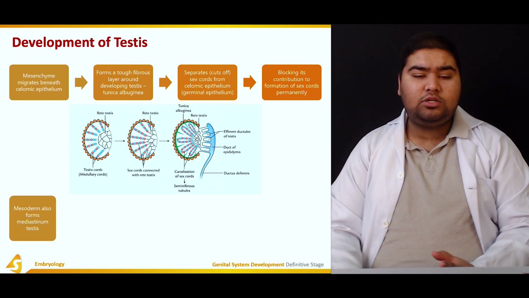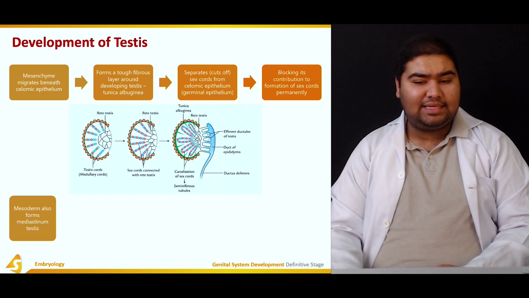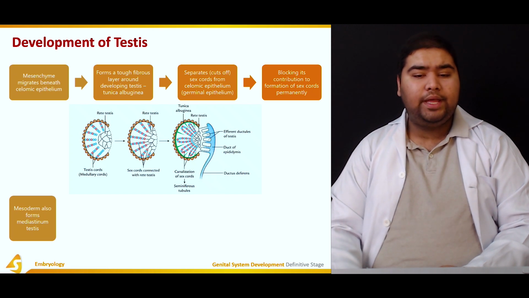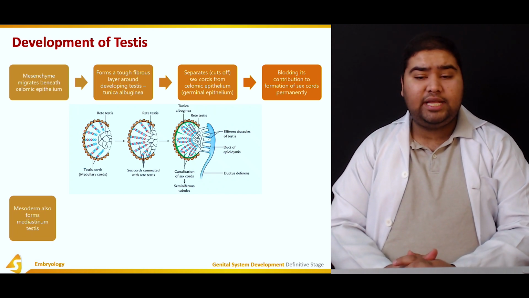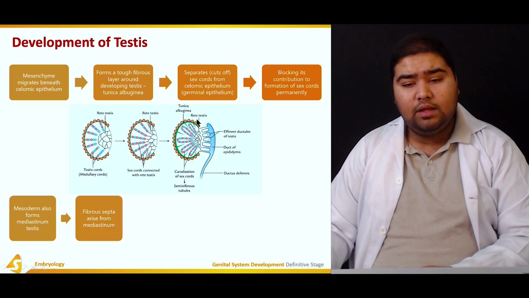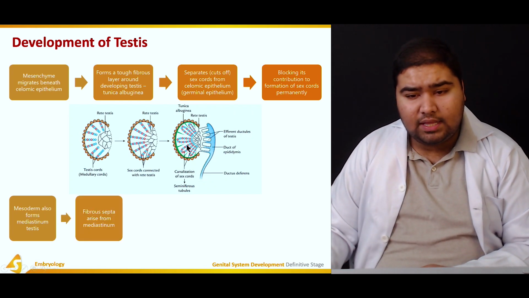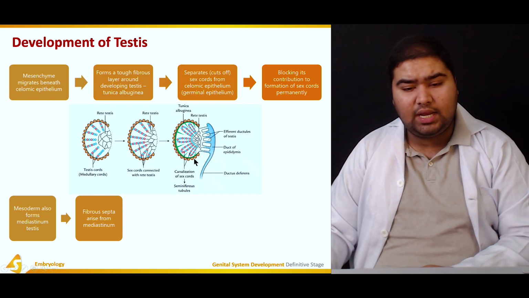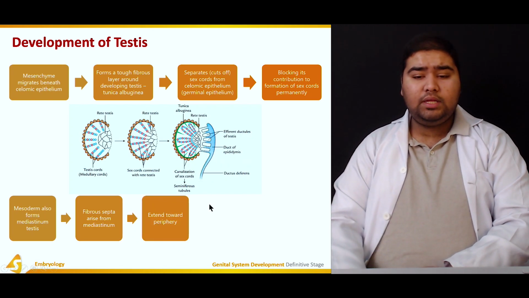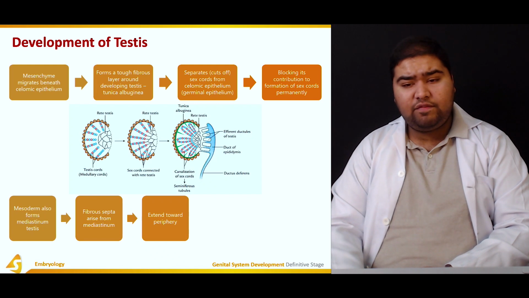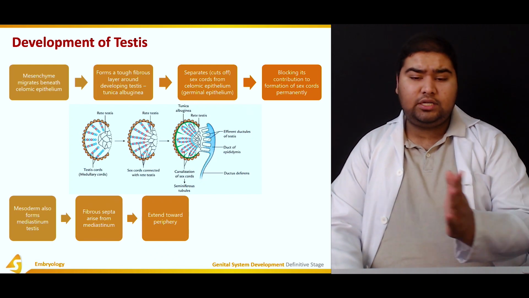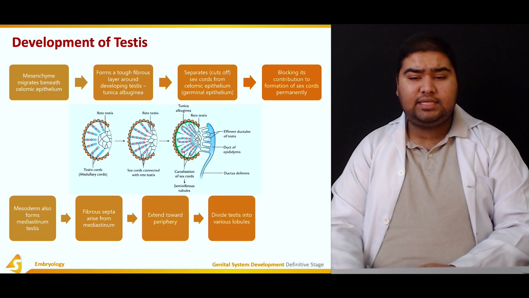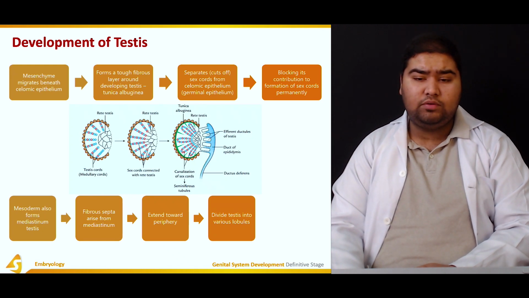Now the mesoderm also forms the mediastinum testes. So fibrous septa arise from the mediastinum. Here you can see they are arising from this tunica albuginea. They extend towards the periphery and divide the testes into various lobules.